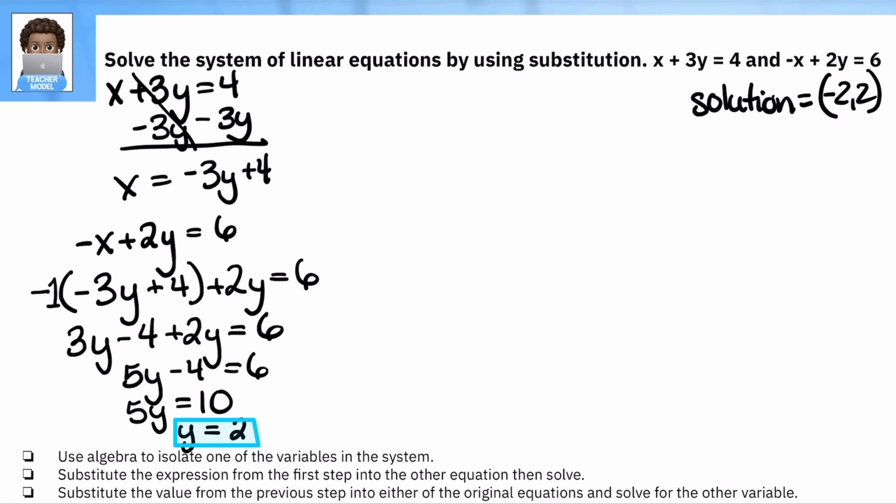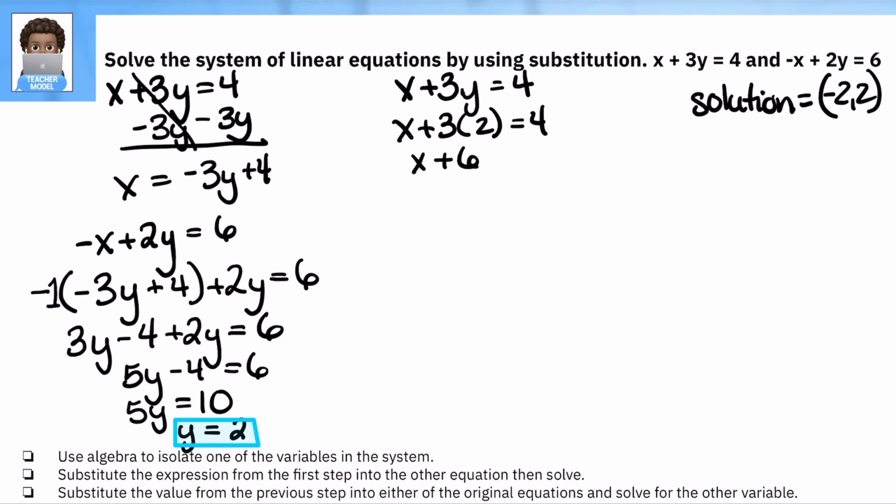So now I'm going to go back to the beginning, and if I know y is equal to 2, I'm going to substitute. So x plus 3y equals 4. X plus 3 times 2 equals 4.